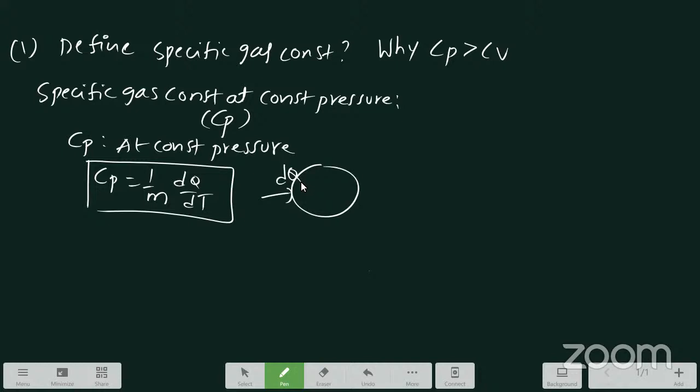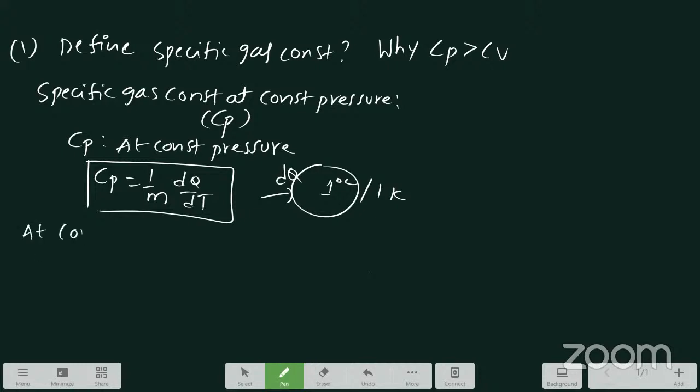The definition starts with pressure constant. The next definition starts with constant volume. The amount of heat required for unit mass of the gas to rise unit temperature, that is 1 degree Celsius or 1 Kelvin. That is nothing but constant pressure. We are writing at constant pressure.